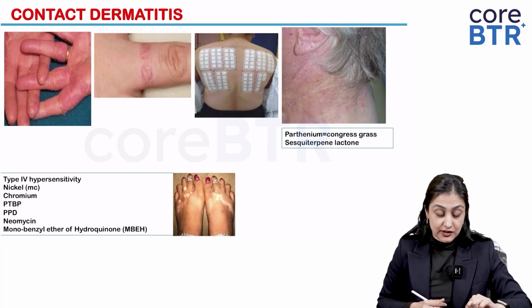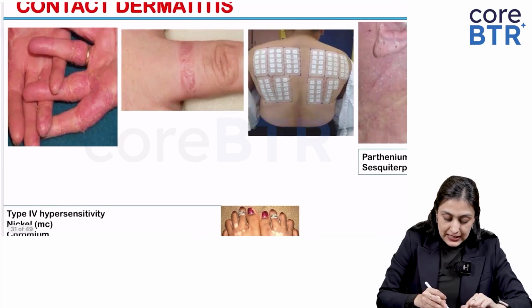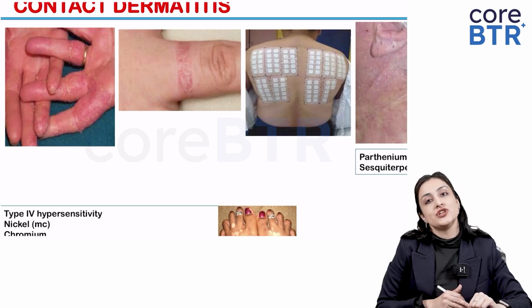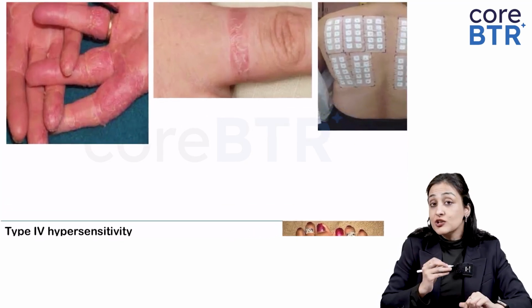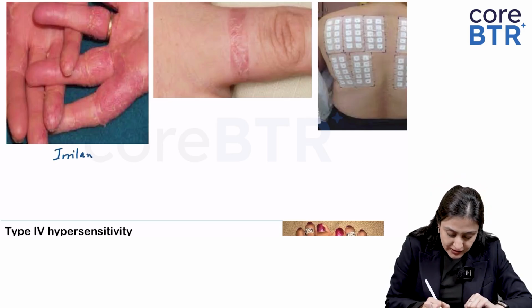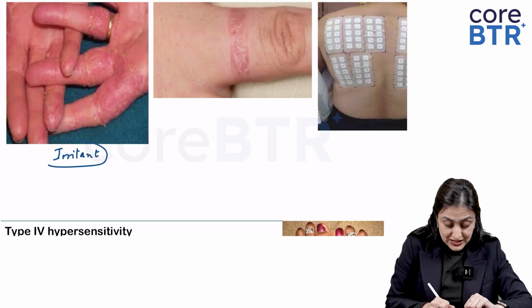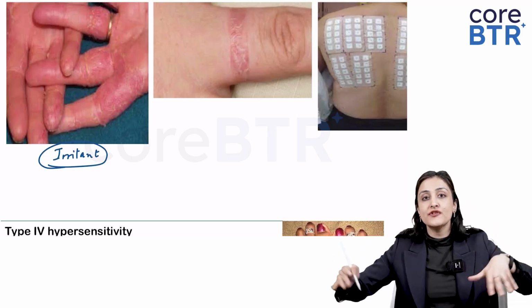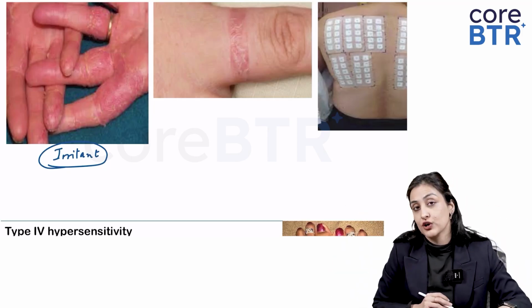So contact dermatitis, look at this. What is this? If I show the hands and I tell you a lot of detergent exposure, is this irritant or allergic? This is irritant. Irritant contact dermatitis is not a hypersensitivity. It is because of the detergent. It will happen in all of us if we use that detergent for long enough.